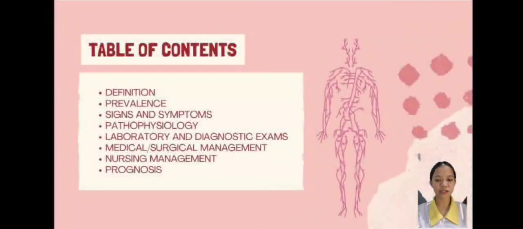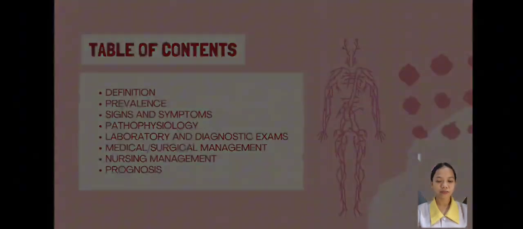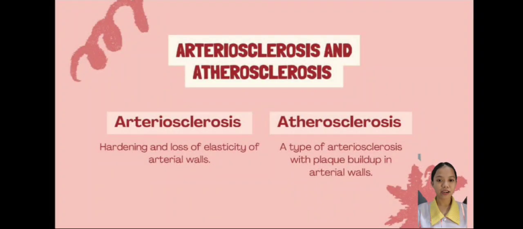Peripheral circulation arterial disorders. So first, let's define arteriosclerosis and atherosclerosis. Arteriosclerosis is the general term for hardening and loss of elasticity in arterial walls, and atherosclerosis is a type of arteriosclerosis with plaque buildup in artery walls.